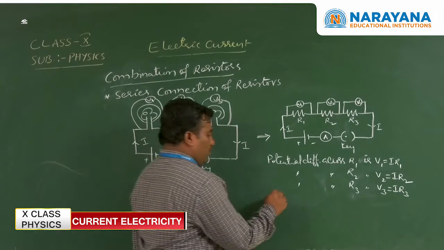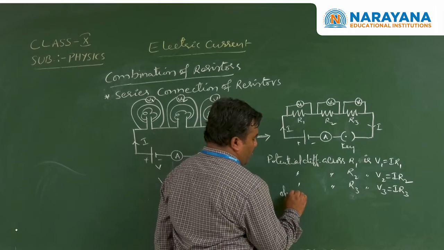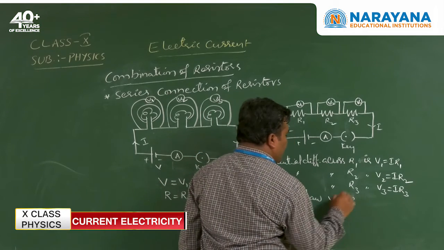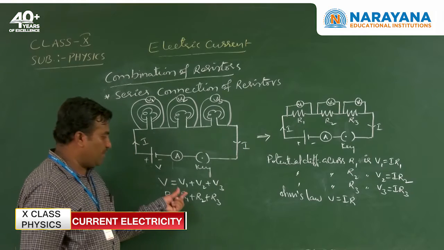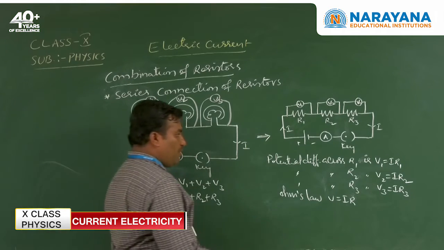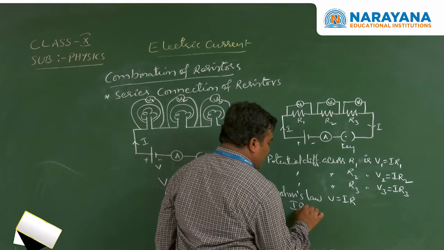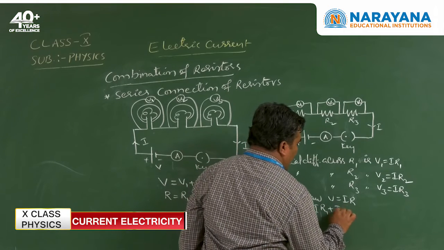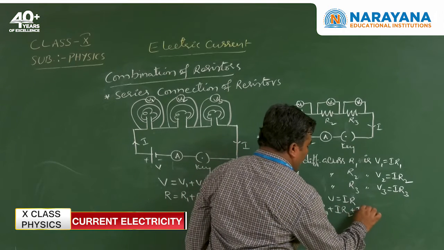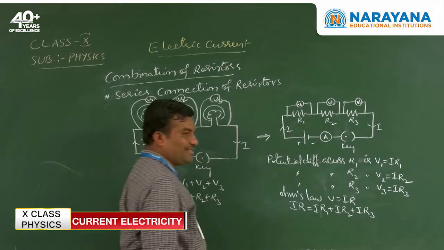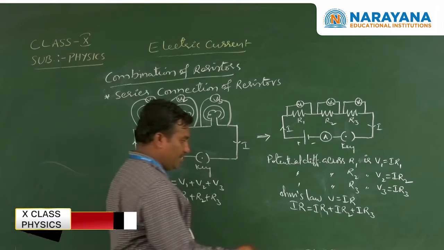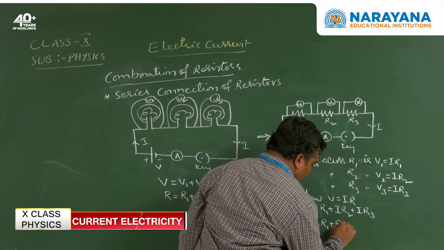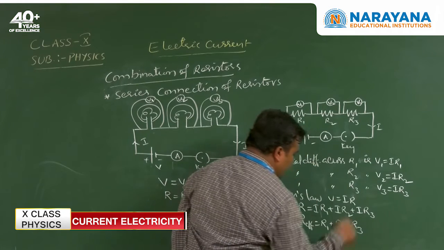According to Ohm's law, V equals IR. Substituting these values, IR equals IR1 plus IR2 plus IR3. The current I is common on both sides, so we get the effective resistance R equals R1 plus R2 plus R3.